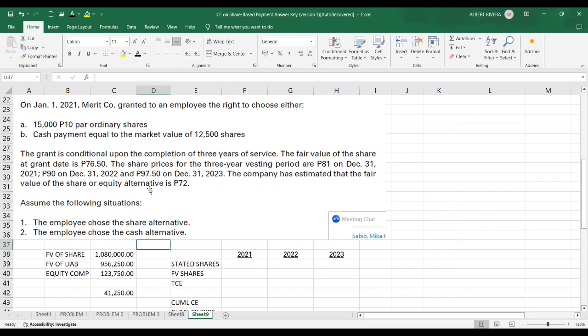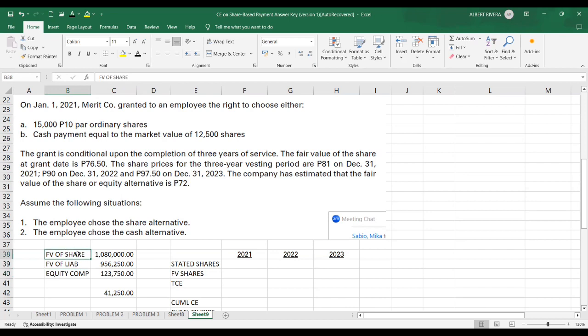So, ito yun. So, that is 15,000 shares times 72. That is the starting point. Pag na-compute mo yan, class, ang sunod mo dyan is the liability. The fair value of the obligation. Okay? The fair value of the liability. That is the priority, ha? So, mauna muna yung liability, then the residual amount will be the equity component.